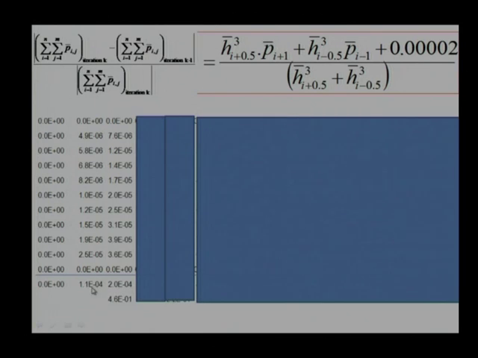Here it is more than the earlier one, because all the pressures are increasing, but the interesting thing is that we need to find out what the difference is. What is the difference between 2.0 into 10 to the power minus 4 and 1.1 into 10 to the power minus 4, and it should be divided by this 2.0 into 10 to the power minus 4. So, this iteration loop or this convergence criterion needs to be satisfied.